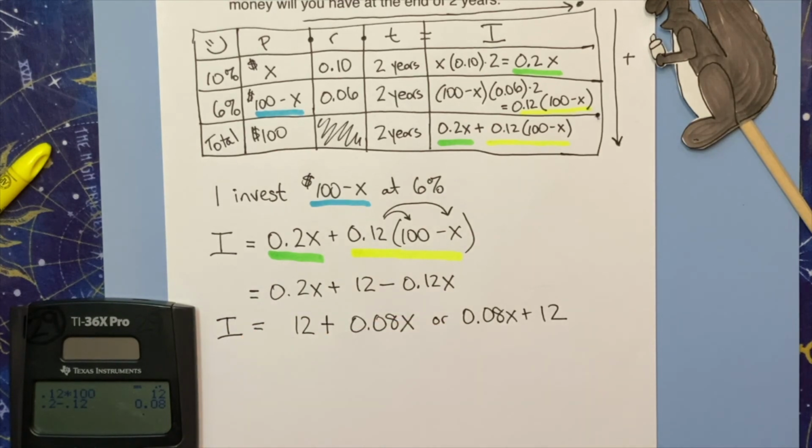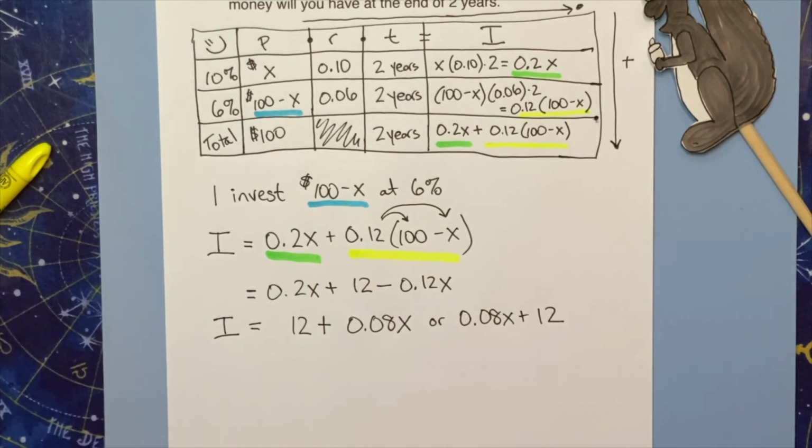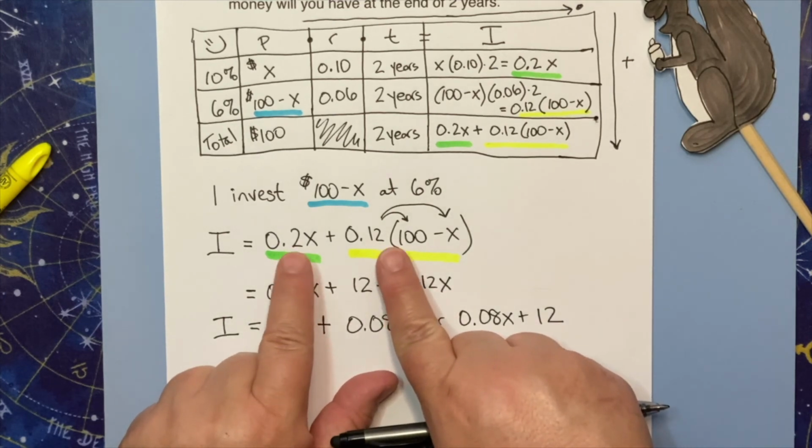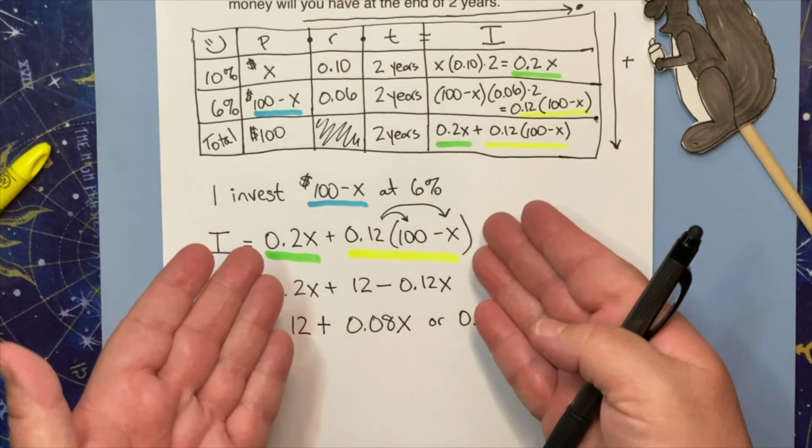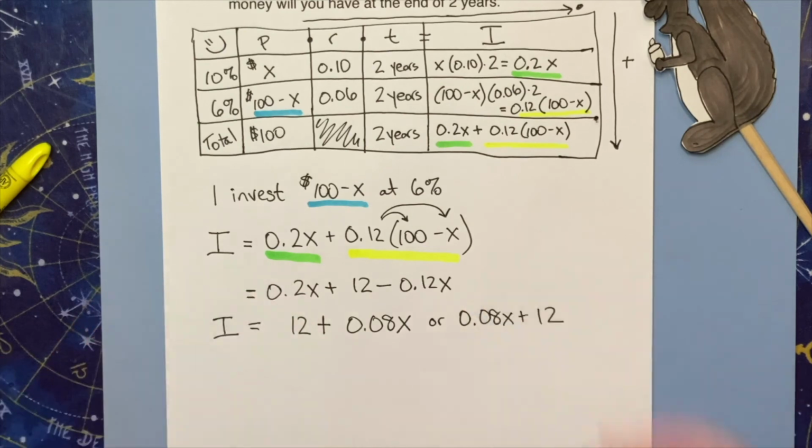So let's take a look at this. Let's take a moment, because I believe in my heart that at every step you can learn something from this equation. So when we're working with word problems, the intermediate steps will actually give us information. At this stage, before we've simplified, we've got the 10% piece and the 6% piece separated, so we can see each of their interest amounts.